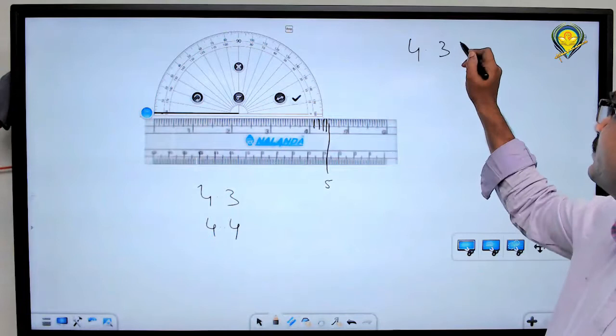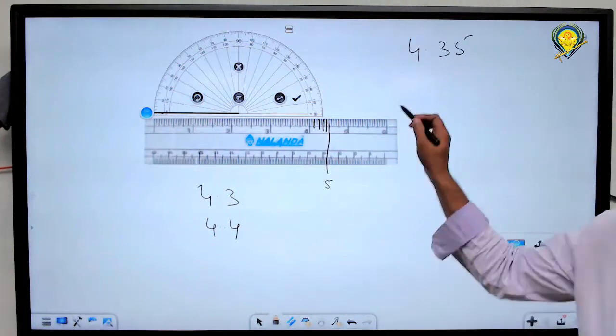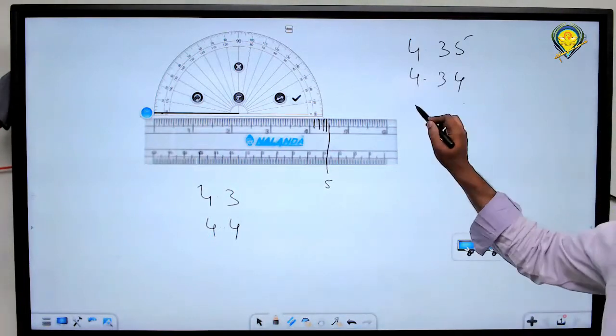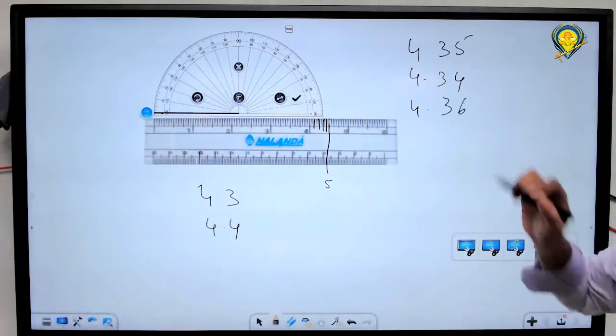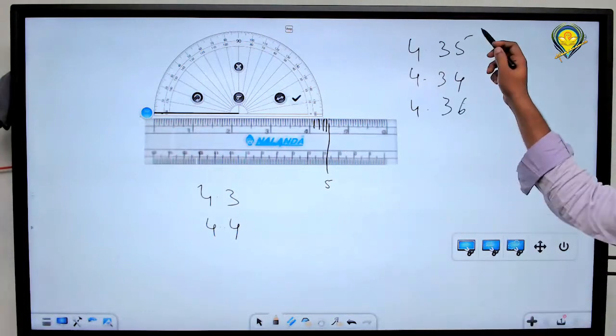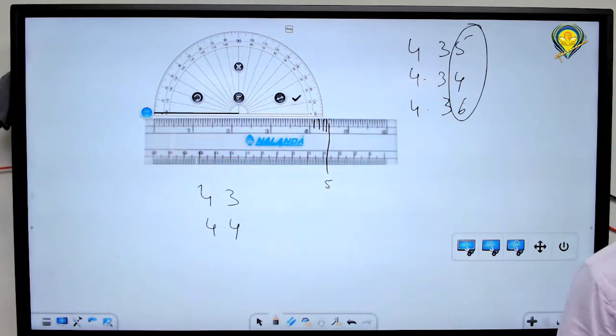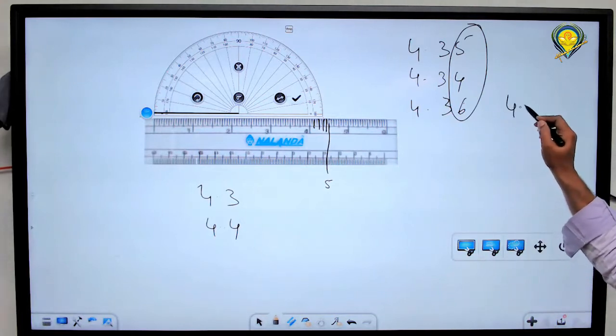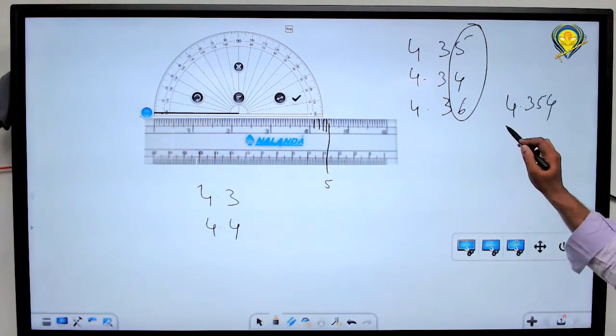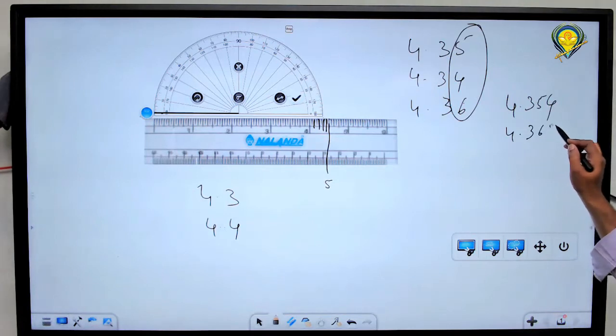So if it is around 4.35 or 4.34 or 4.36, we can measure the second digit accurately by using vernier calipers. Now by using a screw gauge, we can measure the third digit also, like 4.354 or 4.362.